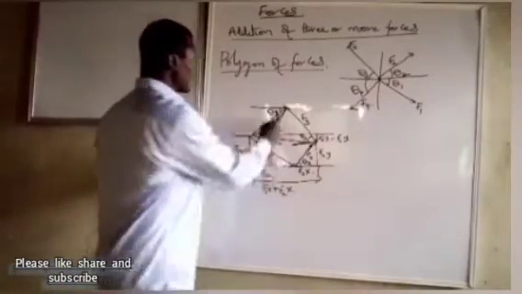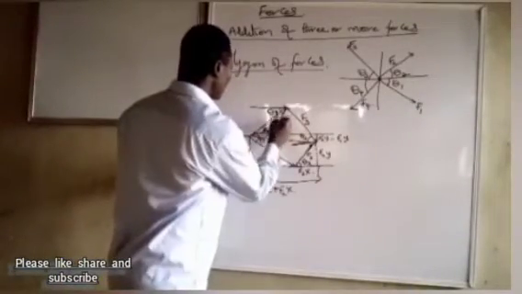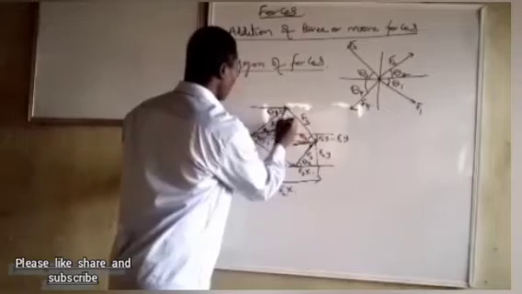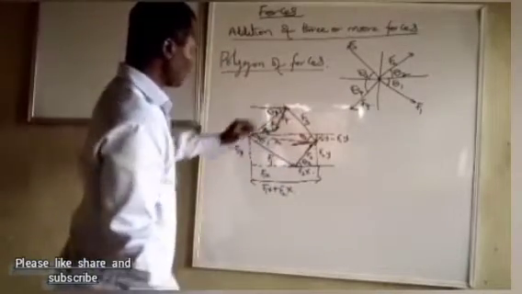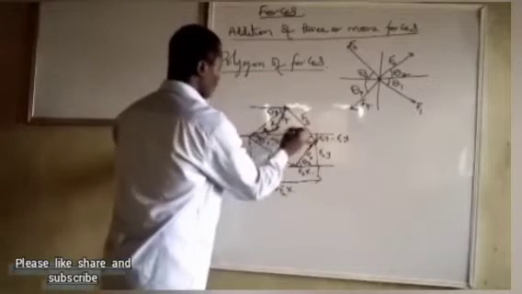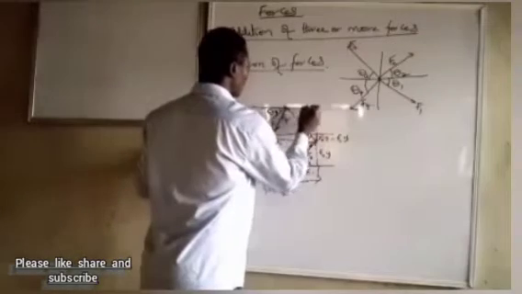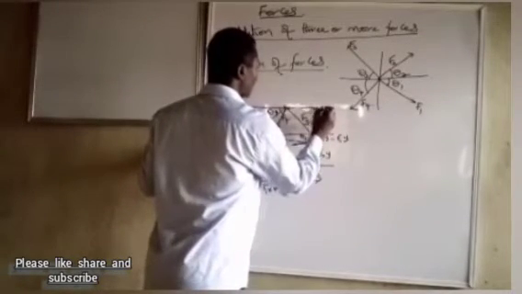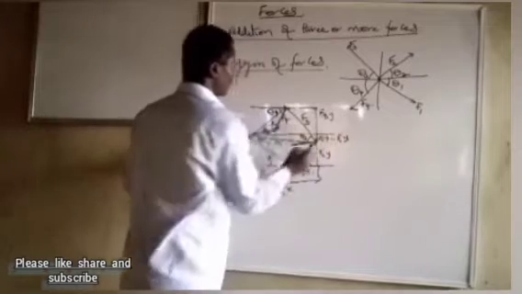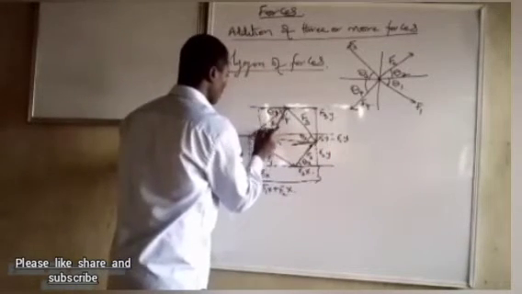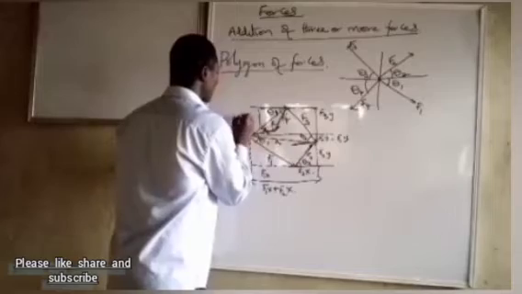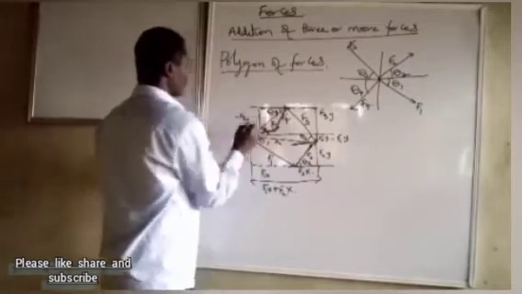Then, let's look at this is F4. Let us look at this one too now. In this place is F3y, and this place is minus F4y.